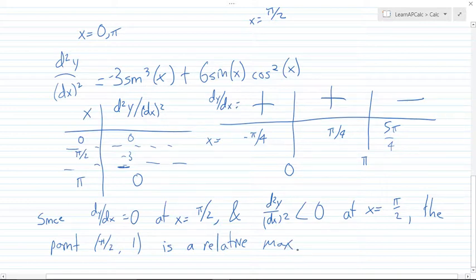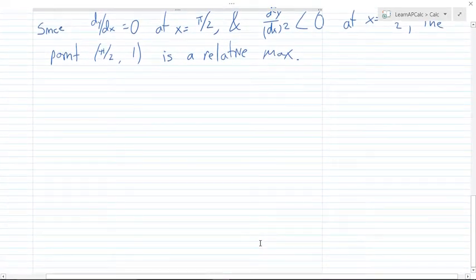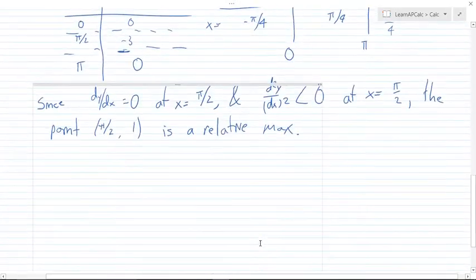Okay, and now let's do the same thing for our other one.